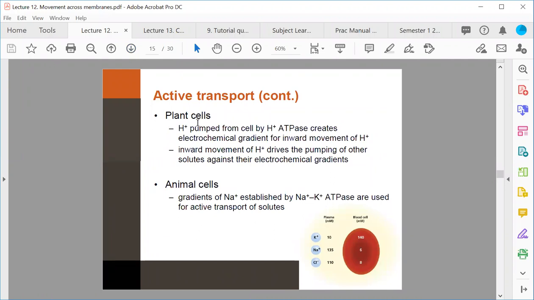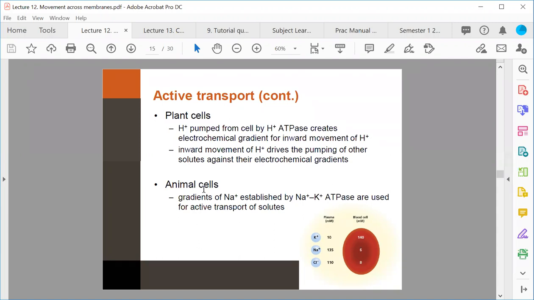So in plant cells, protons are pumped from the cell by those proton ATPases, and this creates an electrochemical gradient for the inward movement of protons. That inward movement of protons provides the energy that drives the pumping of other solutes against their electrochemical gradients. But remember, the whole process is made possible because ATP actually enables the movement of protons against their electrochemical gradient in the first place.